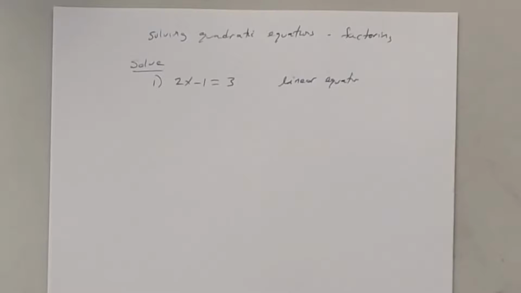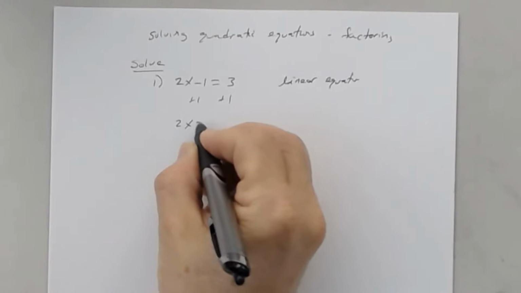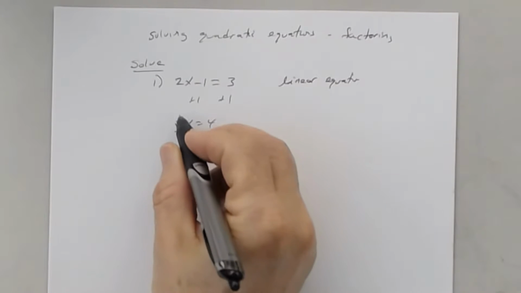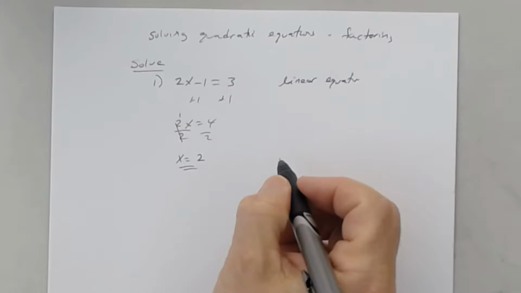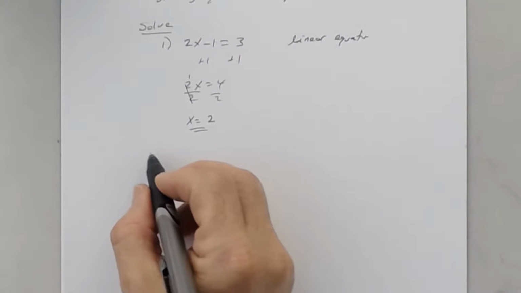Get the variable by itself, isolate the variable. So in this case, you would add 1 to both sides, and I get 2x equal 4. Then divide both sides by 2. And so what's the solution? X is 2.